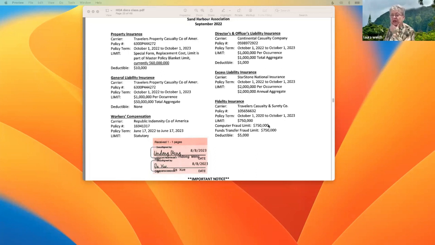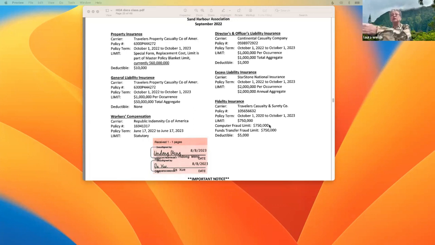What they don't understand is what happens if, because they assume everything's being taken care of, and you cannot assume anything. On this one, which was from August, you can see that in October things were expiring. People forget, sometimes something slips through the cracks.